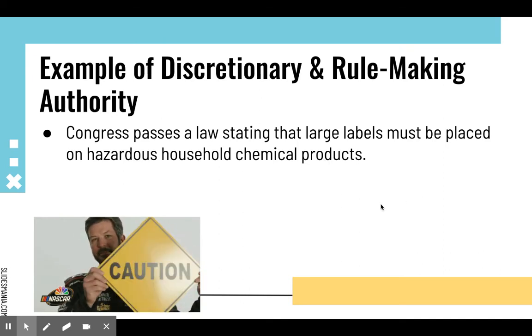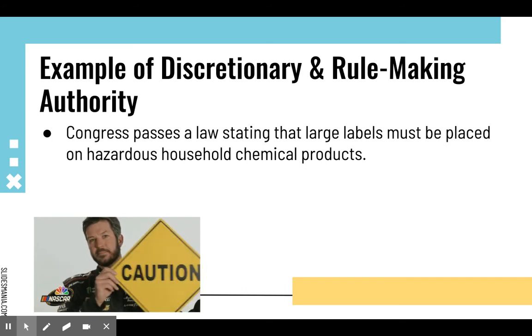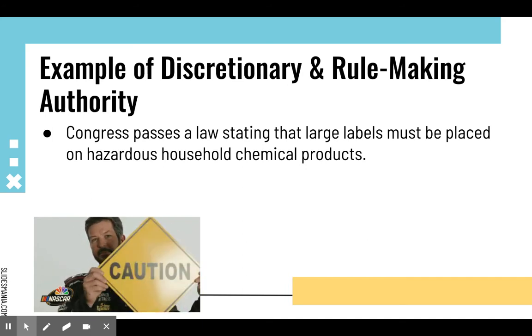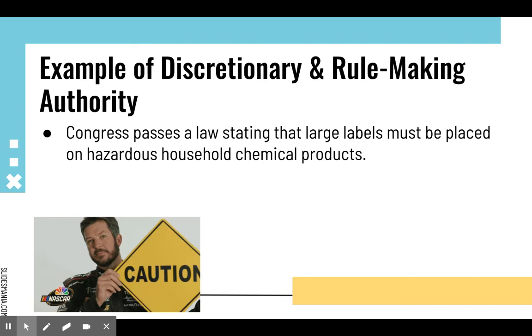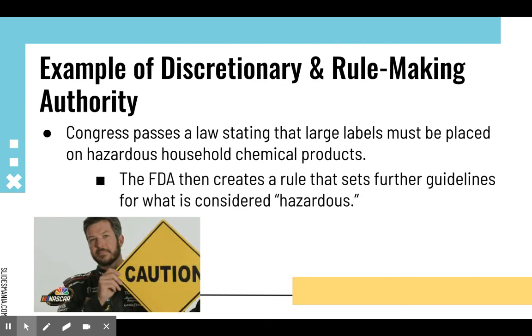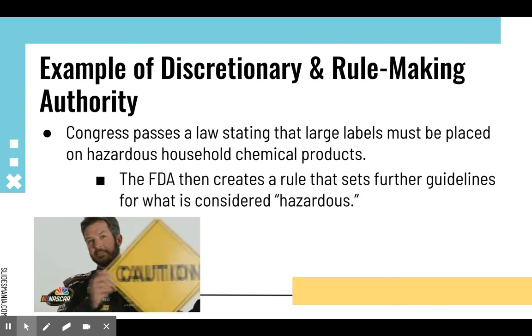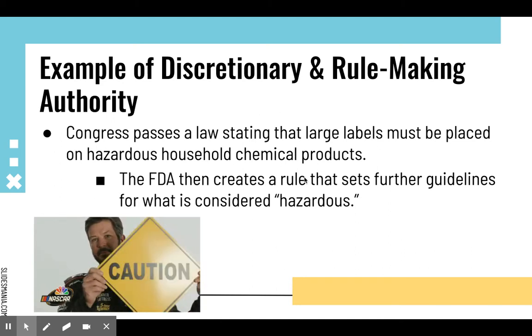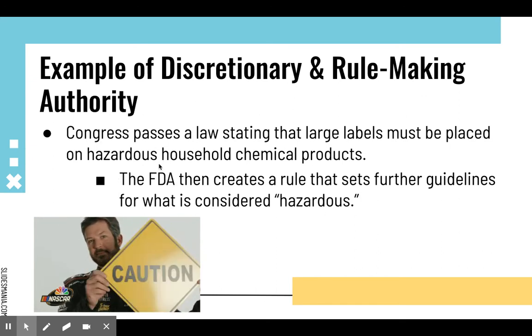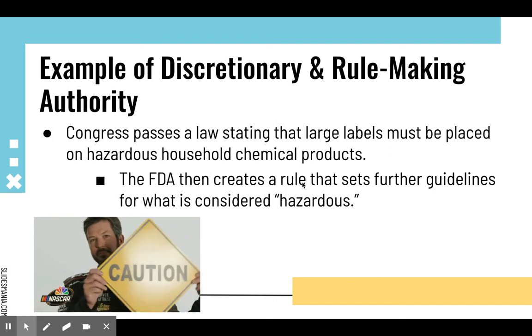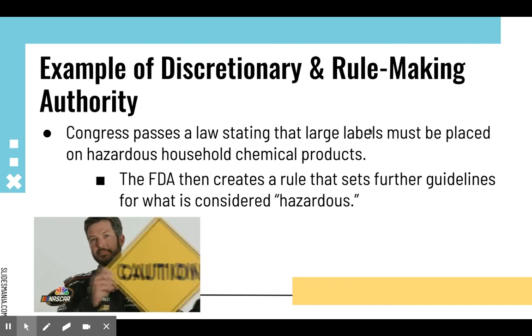An example of the bureaucracy using its discretion and creating rules is going to be the FDA. The FDA, using its discretion, decides and interprets what this law means, and they'll create a rule that sets further guidelines for what is considered hazardous. What defines hazardous? That's part of what the bureaucracy does. And we will practice this in class, but this is an example.